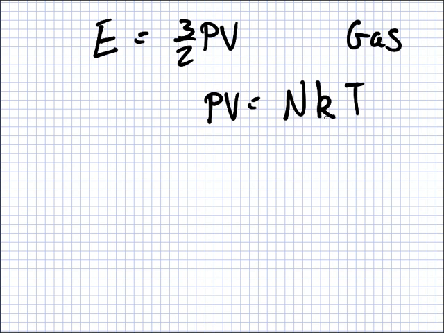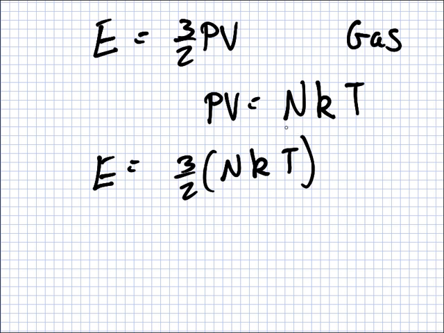That's when I'm using the Boltzmann constant k and N the number of molecules or atoms or whatever it is. If I combine these two formulas, I get E equals 3 over 2 NkT. Or in other words, I could divide by N. E over N equals 3 over 2 kT.